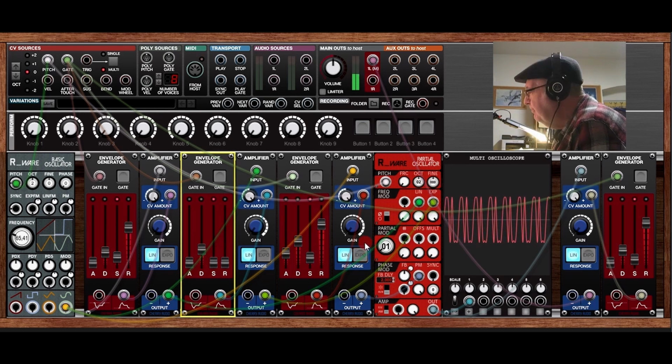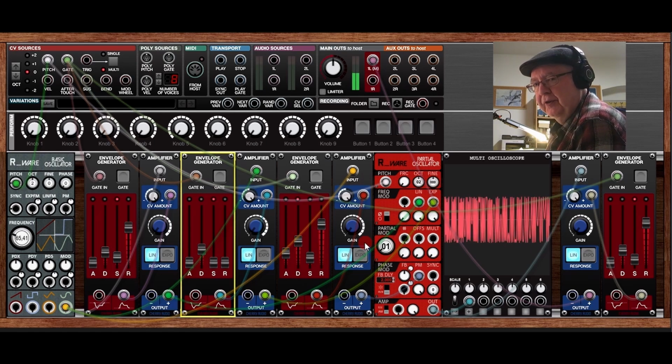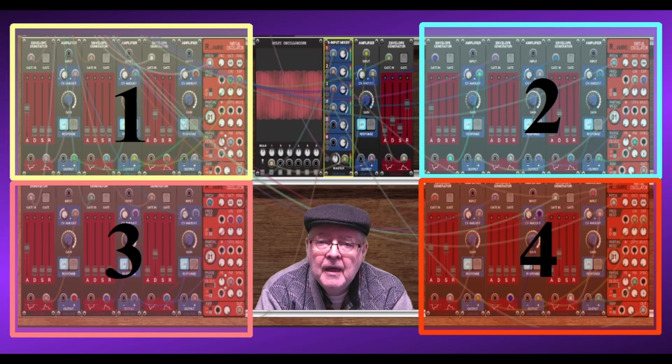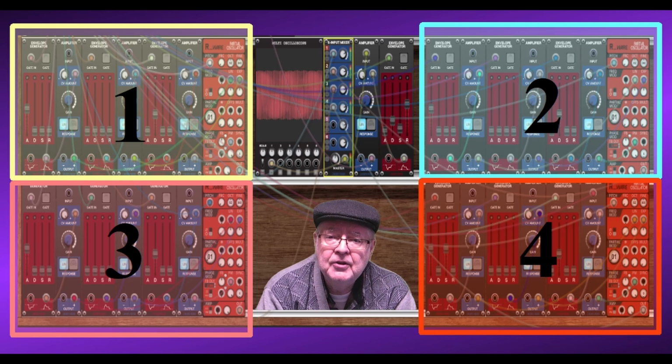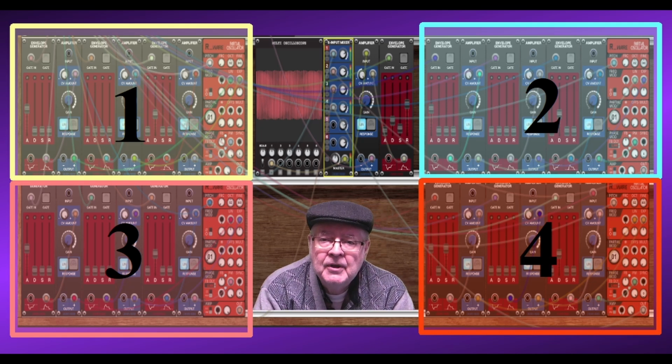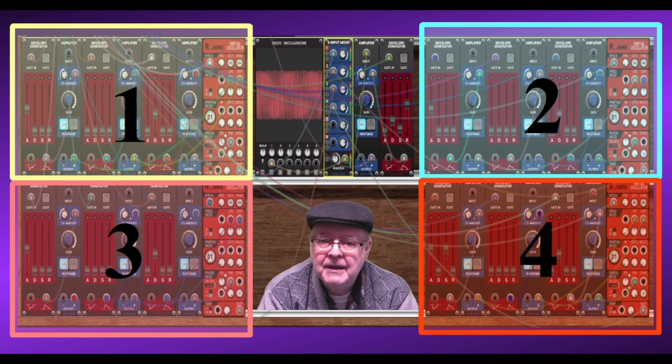All right, let's proceed and develop this patch further. And now the same with 4 of these operator patches. I've patched the oscilloscope after the mixer to show the wave, which is the result of the algorithms, which I can patch now. What's the meaning of algorithm here?